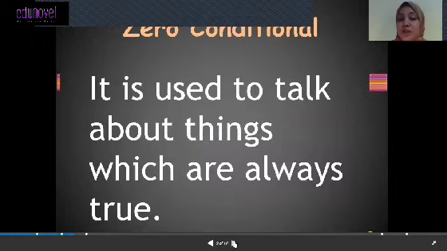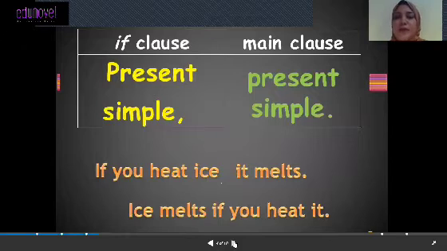Zero conditional is used to talk about things which are always true. As I said, if this happened, this is always the result. Again, here we're speaking about the form.